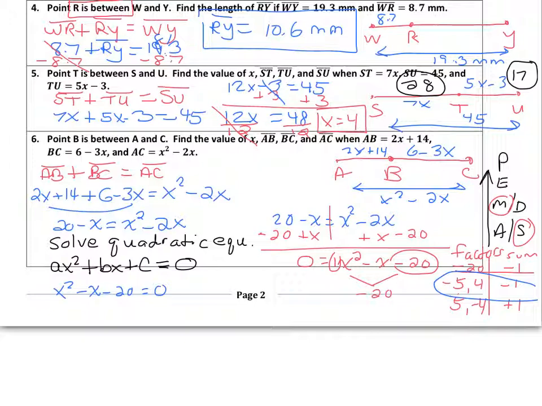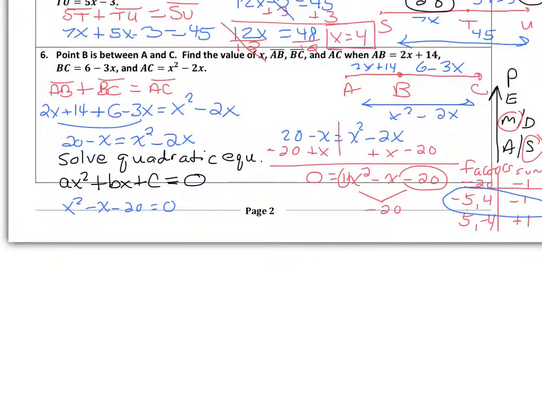And we're going to rewrite this using our factors over here. So I'm going to say x squared, and I'm going to rewrite negative x as minus 5x plus 4x.